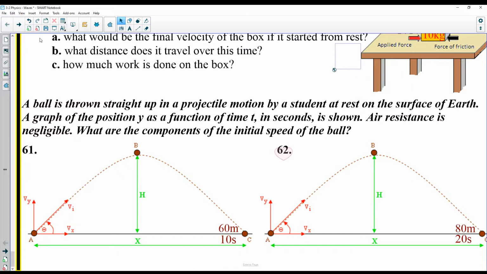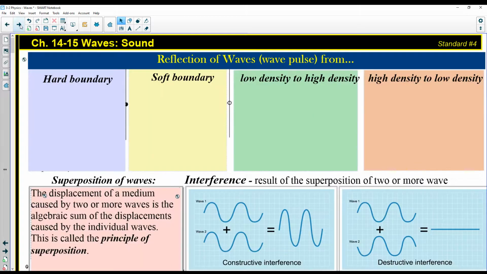This is the review questions. The hard boundary reflections of the wave. So it can be hard boundary, soft boundary, low density to high density wave, high density to low density wave. If you have a wave or the string attached, it's called hard boundary.